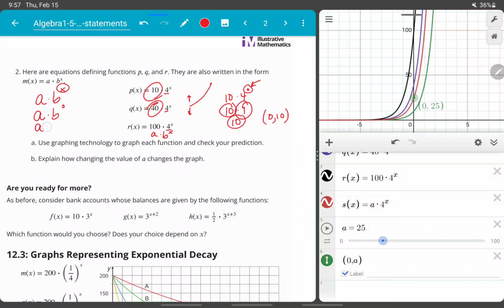B to the 0 is 1, so this is a times 1, which is just a. So whenever we have an x value of 0, our value of the function is a. So this point is going to always show up on the graph. So we can write this out and summarize what we talked about by saying it's changing the vertical intercept.